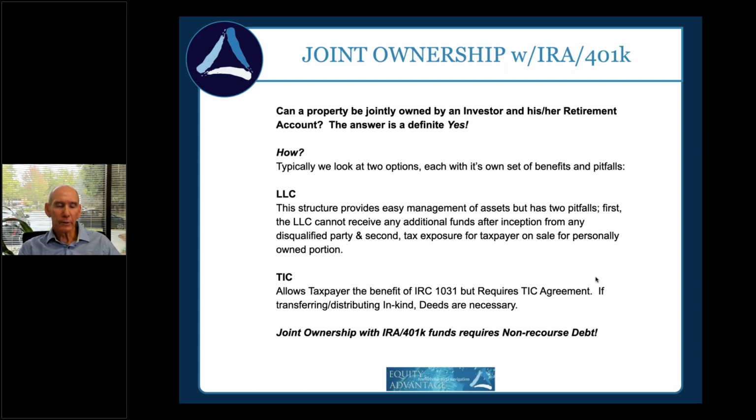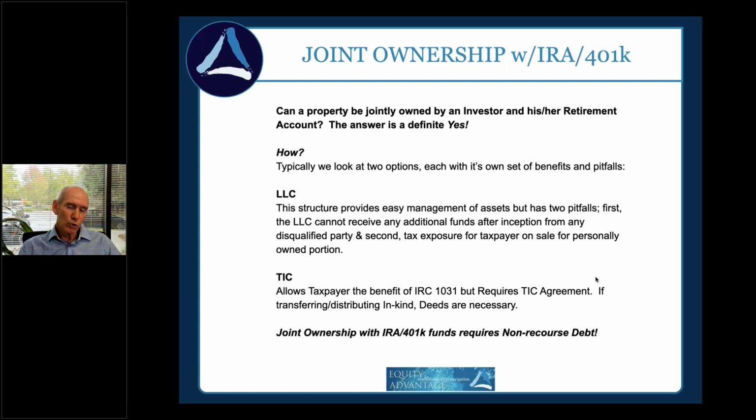I like TIC better when we're talking about combining personal and plan money, because one, it allows the 1031 into a jointly owned asset, and two, if there are problems with the property, you can always add funds into that transaction pro rata.